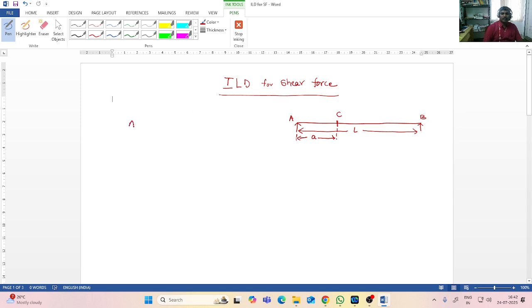Now divide the region or the span of the girder into two regions. AC is one region and BC is another region.